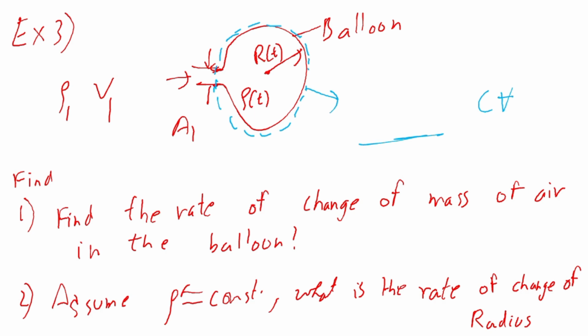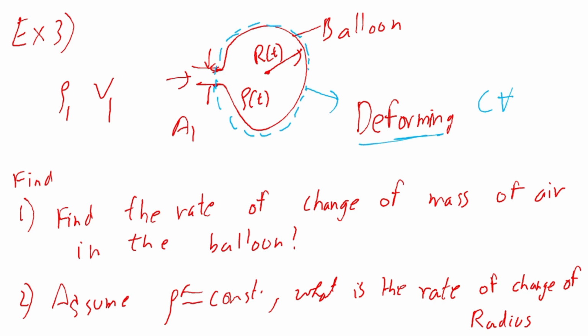That means it's deforming. The shape changes constantly, the volume changes constantly. As a result, this is a deforming control volume. So this is an example of a deforming type of control volume.